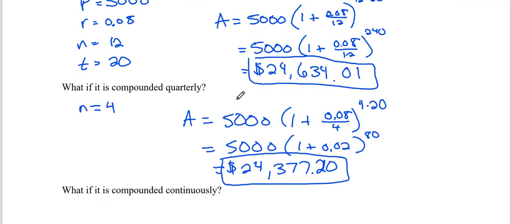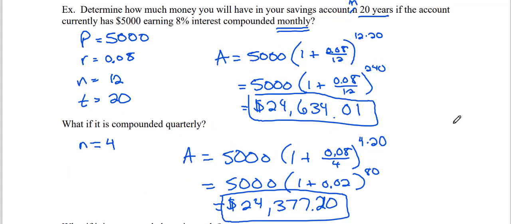Remember, compound interest is earning interest on your interest, right? When your interest is compounded quarterly, which would be common for maybe a savings account, like a kid's savings account, often you get interest added every 3 months. When it's compounded quarterly, you have fewer opportunities to earn interest on your interest than when it's compounded monthly.